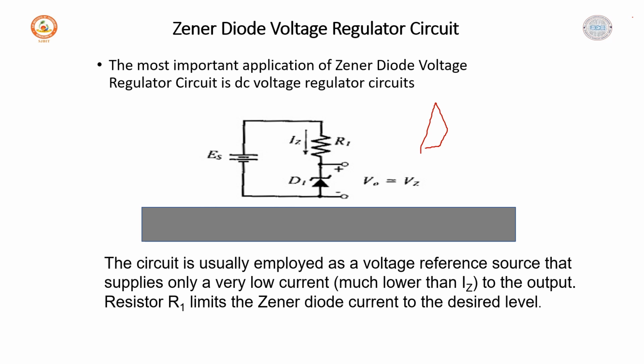So a zener diode can also work as a voltage regulator. The main important advantage of a zener diode is voltage regulation, which is essential for most devices.